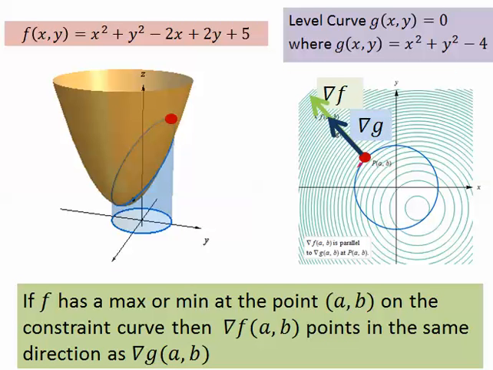If f has a max or a min at the point AB on the constraint curve, then the gradient of f at that point points in the same direction as the gradient of g at that point.